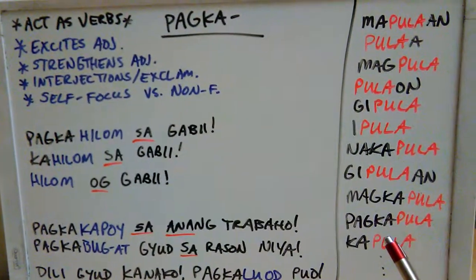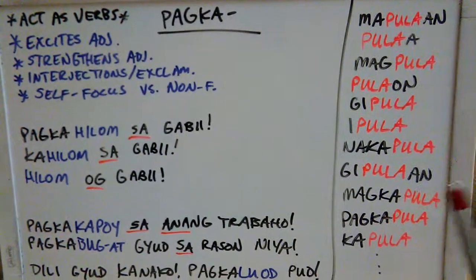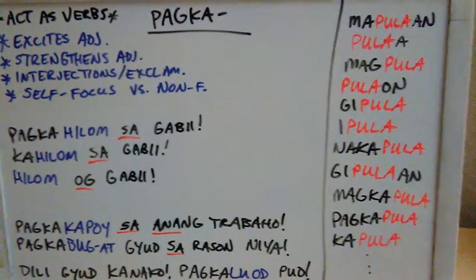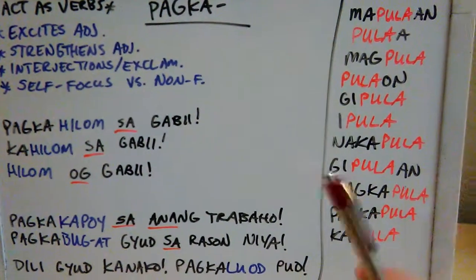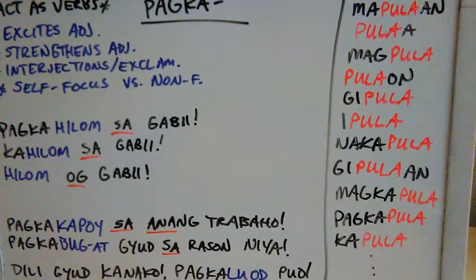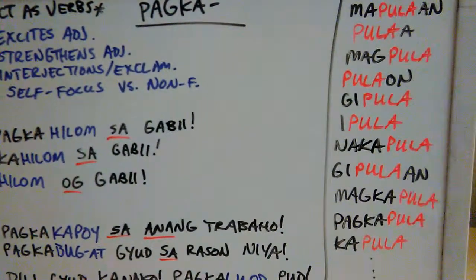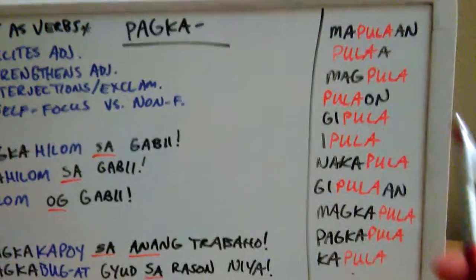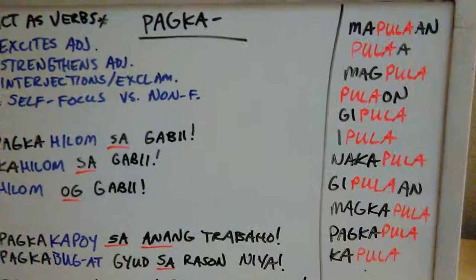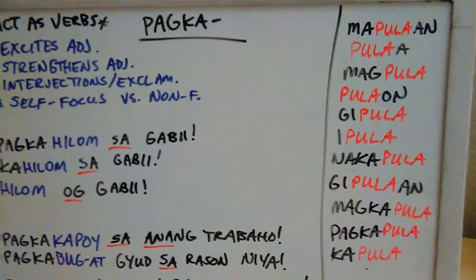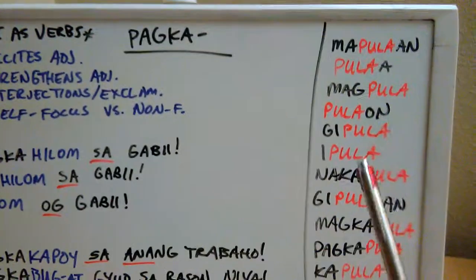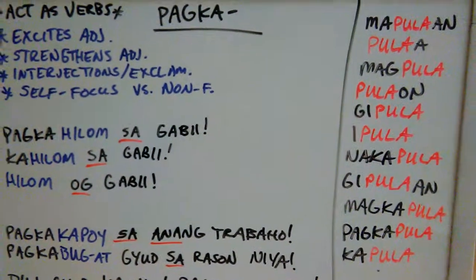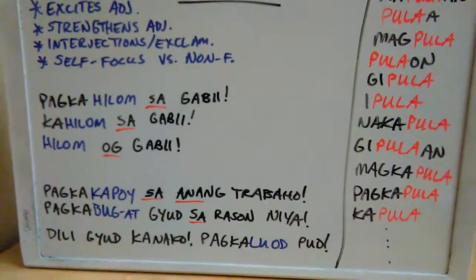Another thing to keep in mind is that certain verbs have certain consonants that change their morphology, so you have to change the way they're conjugated as well, depending on their affix. So we have, for example, the verb pula. As you can see, mapulaan, pulaa, magpula, pulaon, gipula, etc. It just keeps going on and on.